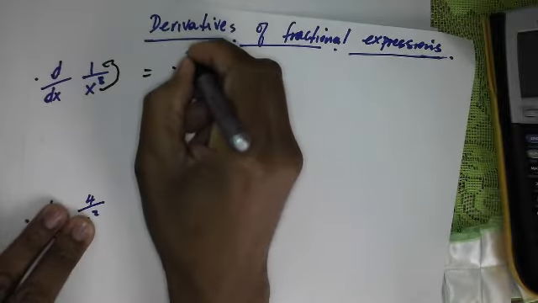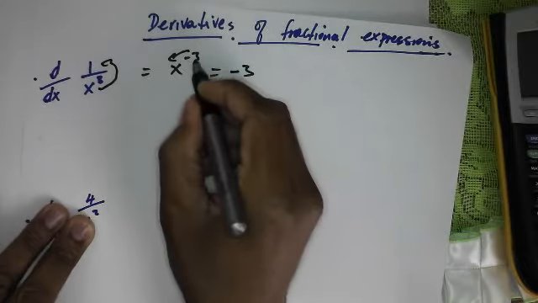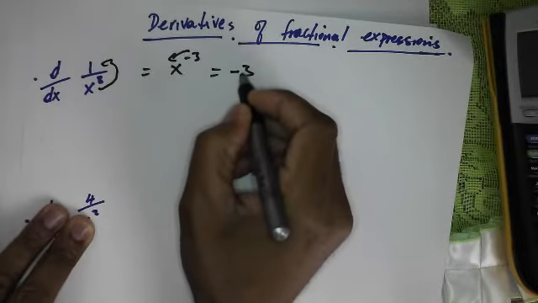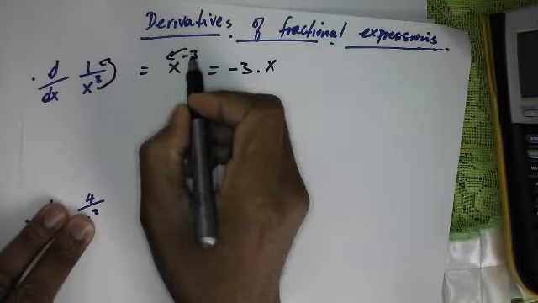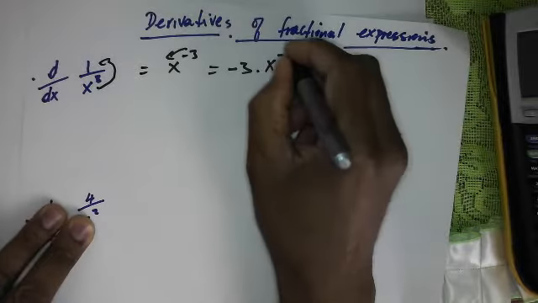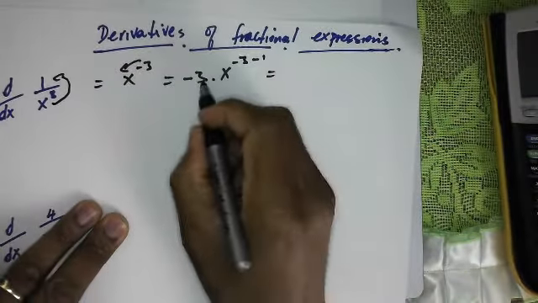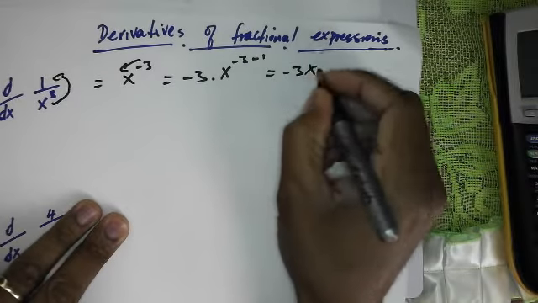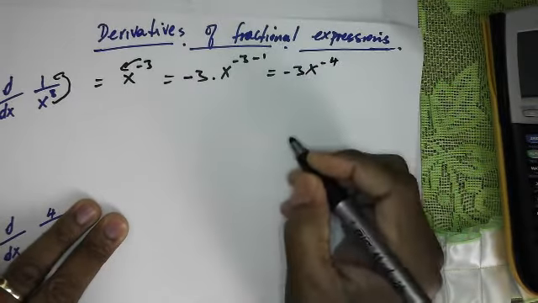Then we take the exponent to the front. So this would give me negative 3. That's my exponent, so that's my coefficient now. That's negative 3 times x to my original exponent, which is negative 3. And I subtract 1 from that. So this would give me negative 3 x raised to the negative 3 minus 1, that is negative 4.